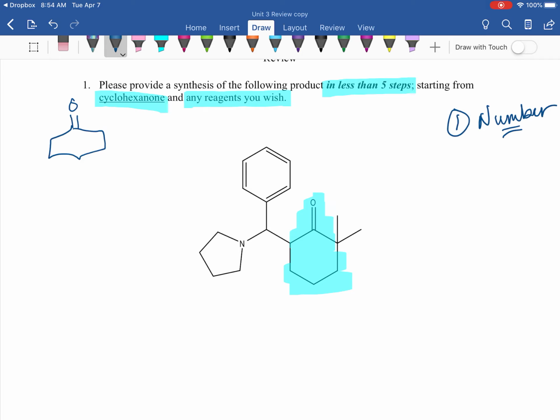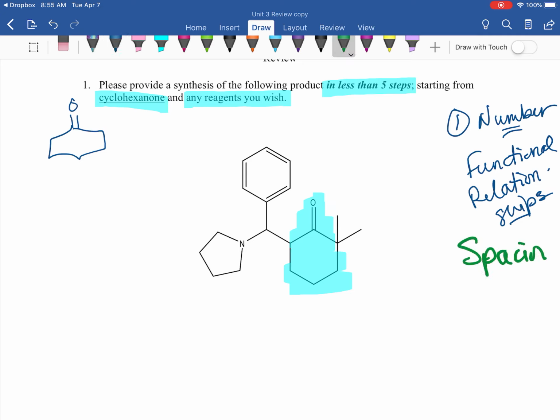There is a strategy to numbering. I am going to use my functional groups, and I'm going to look for relationships. Now, we've had several relationships in lecture in this unit, and they're all based on spacing. They're based on that key spacing and how far apart some of our key functional groups are.